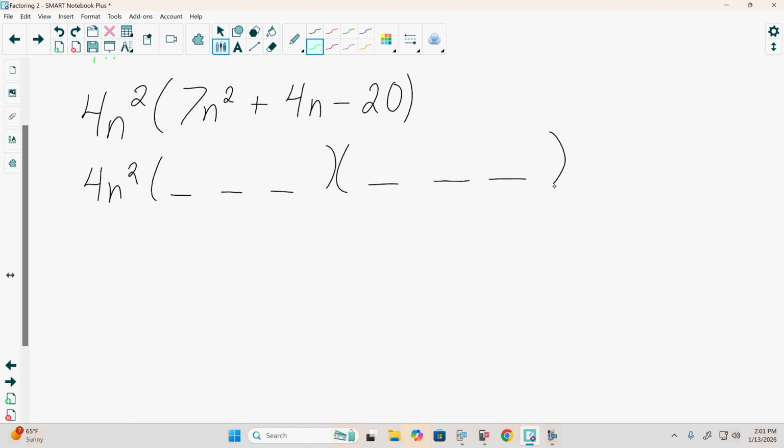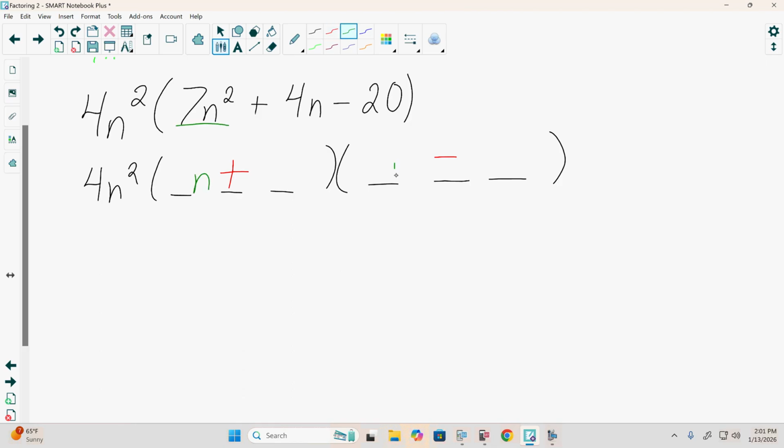So 2 sets of parentheses with 3 spaces. The sign of the third term is negative. All right, guys, focus in. So the signs are going to be opposite. Factors of the first term, 7n squared.